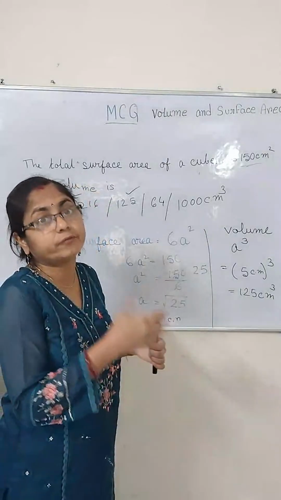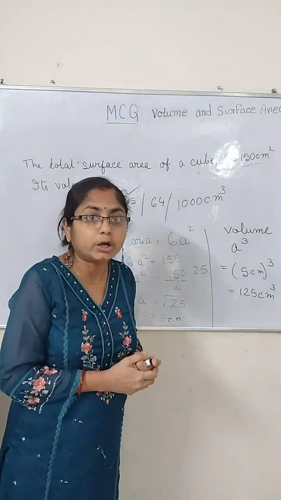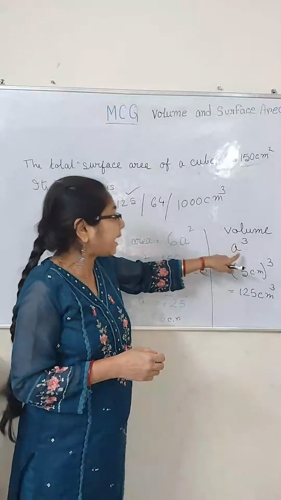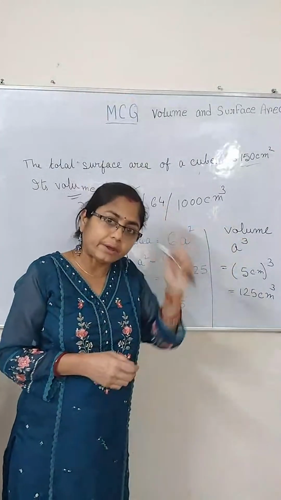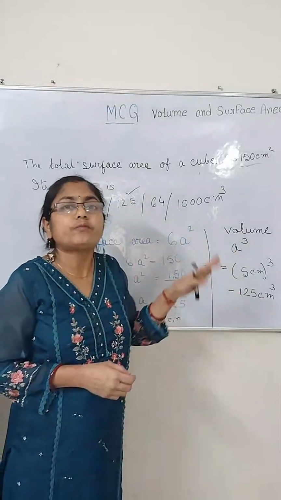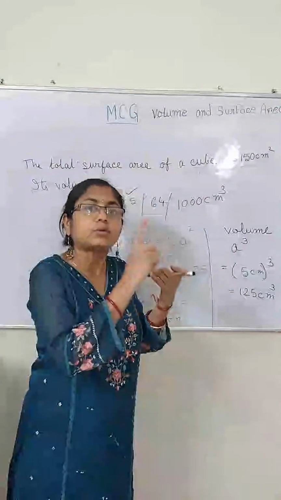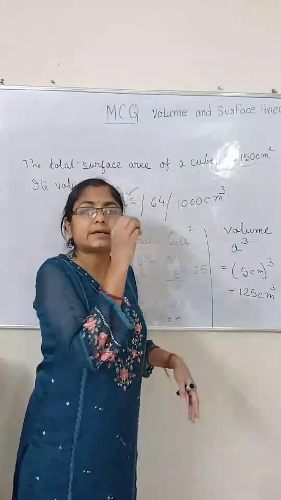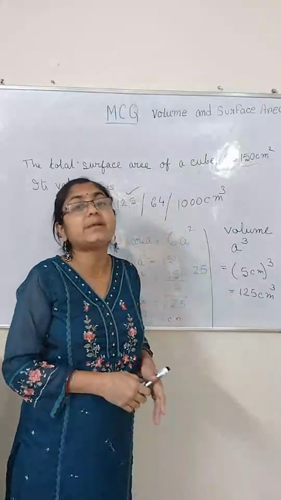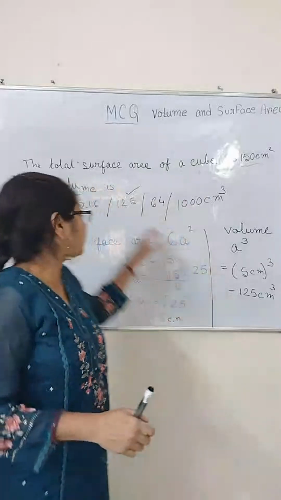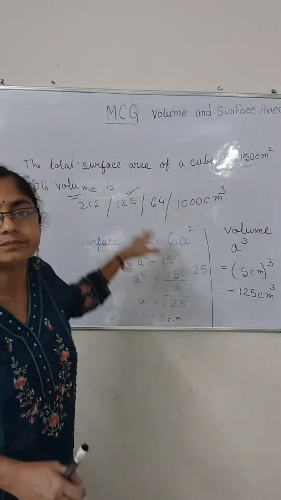And then the volume. What is the formula of the volume of a cube? It is a cube. You put the value of a. A is 5, so 5 centimeter whole cube. It means 5 into 5 into 5, means 125. Centimeter into centimeter into centimeter means centimeter cube. Clear? It is our second option.